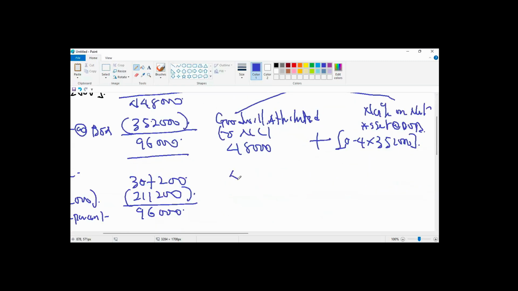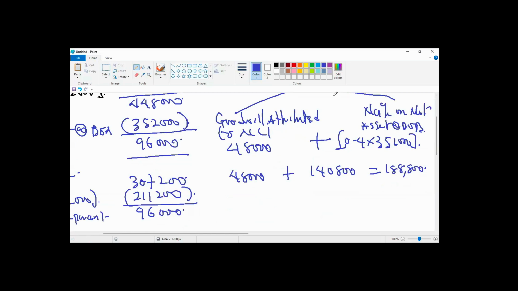That means 48,000 plus 140,800 will give me the fair value of NCI: 188,800. So this is what I will add to the cost of investment.